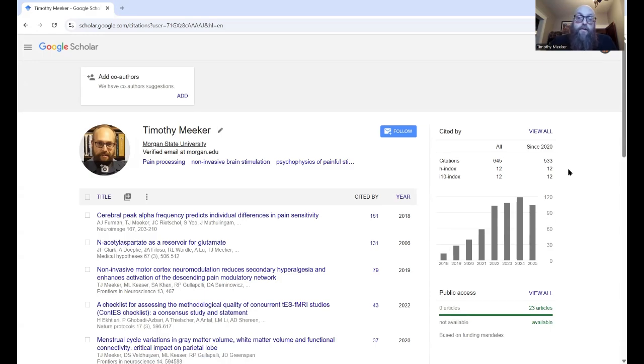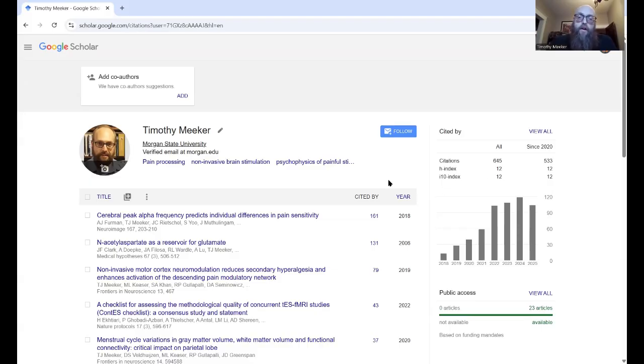I'm an assistant professor. I've done a lot of work on my own, and I have a lot of other responsibilities. So my H index is 12. My i10 index is 12. Both of those are metrics that are important if you're in academia and not important if you're anyone else.